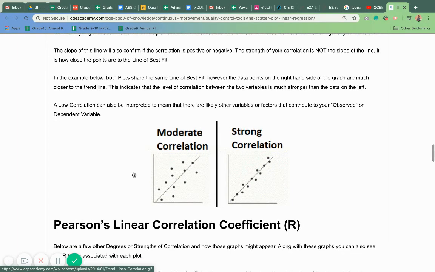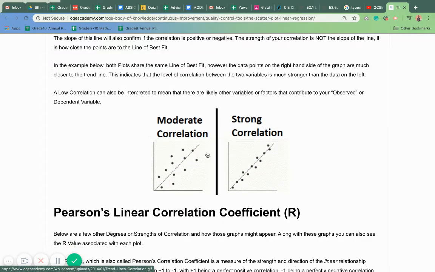The slope of this line of best fit can be positive or negative. If the line is going upward, then it's a positive correlation. If the line is going downward, then it's a negative correlation. So what happens when I cannot draw a line of best fit? It means there is no correlation at all.